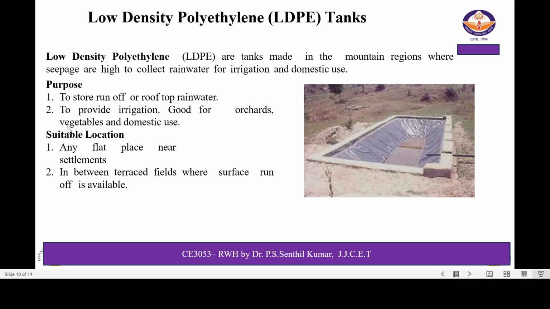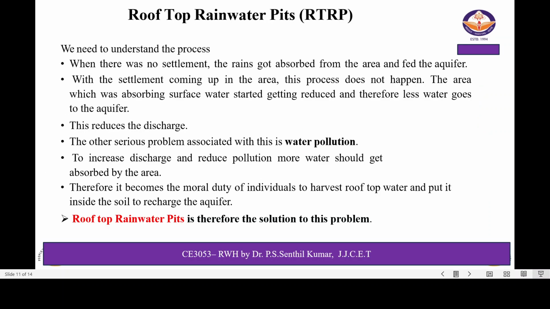Second one is to provide irrigation. Good for orchards, vegetables and domestic use. Suitable location. First one is any flat place near settlements. Second one is in between terraced fields where surface runoff is available.